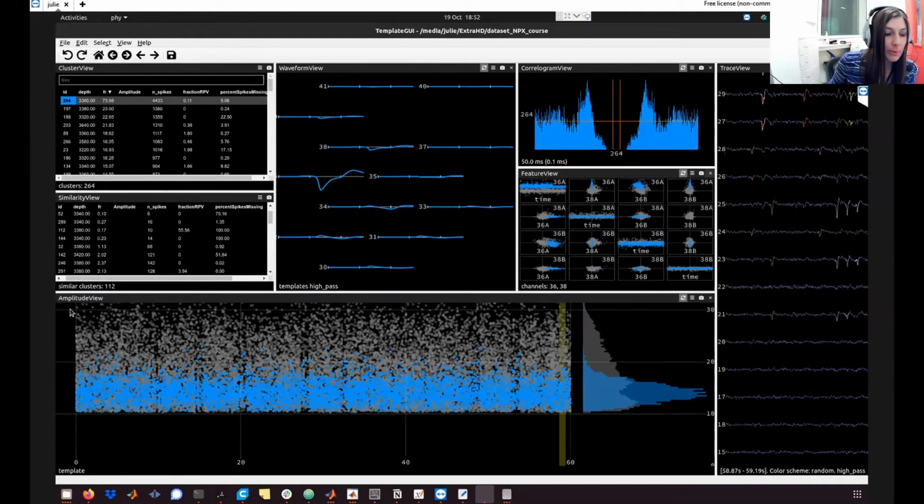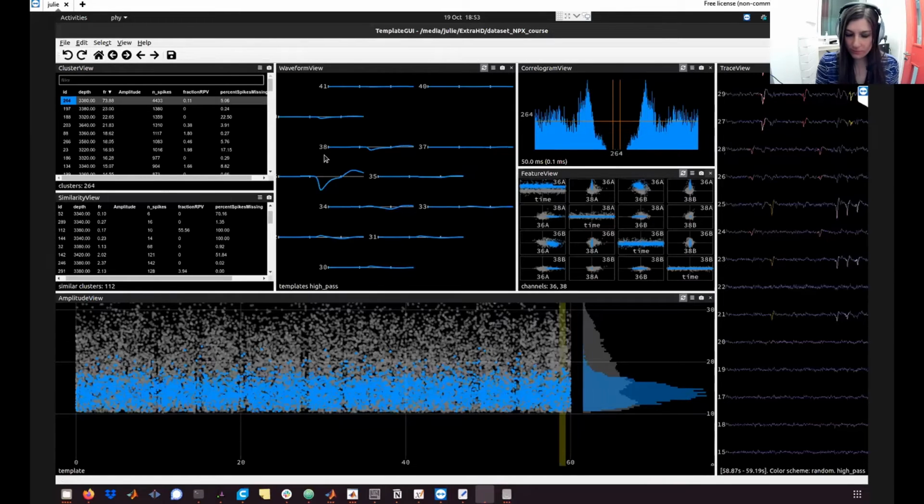This view plots a proxy for each spike's amplitude on the y-axis and time on the x-axis. And you can see the histogram of the distribution of amplitudes here, which allows you to visually estimate what percentage of your spikes are missing.